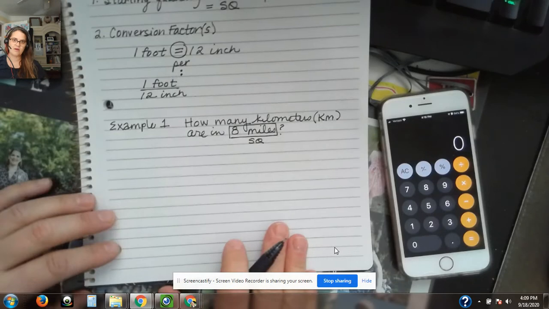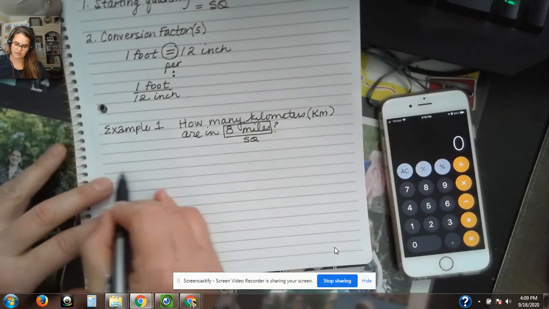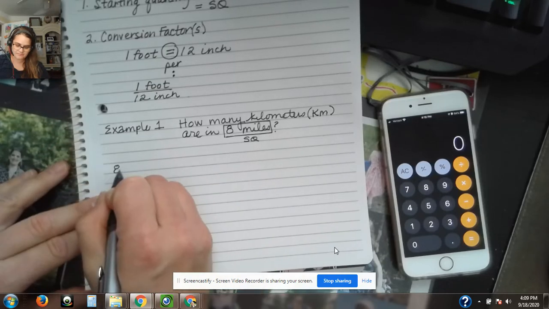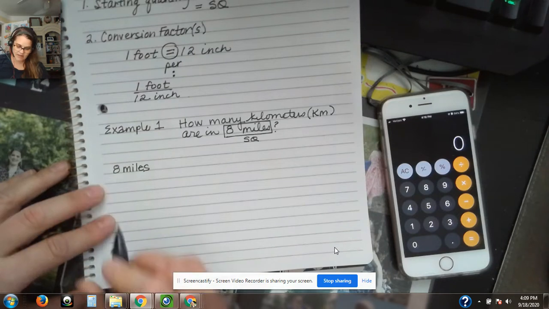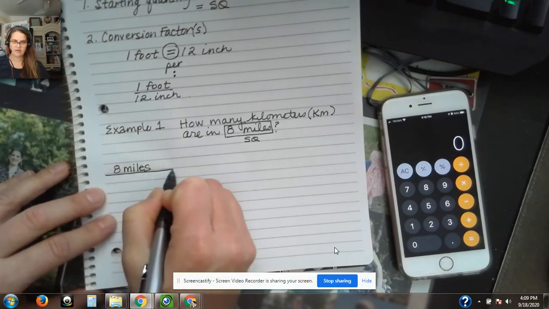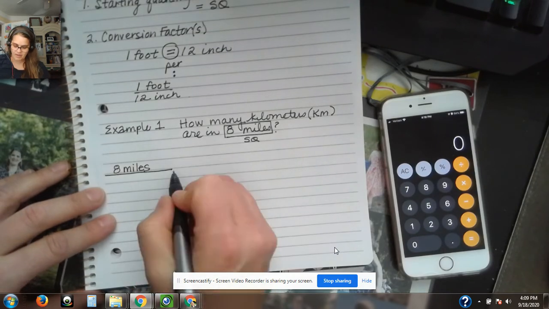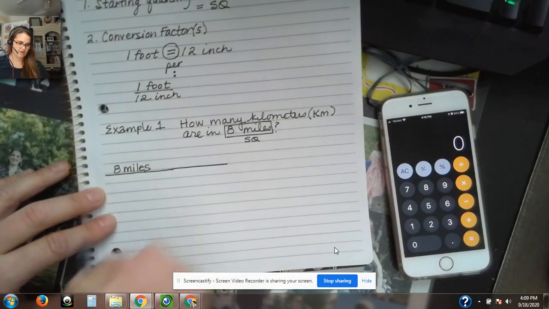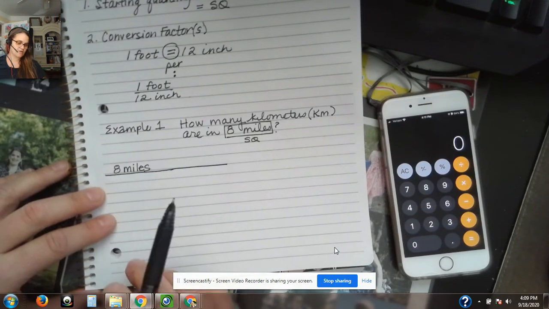Now, the way that we like to set this up in dimensional analysis or railroading is we're going to put the 8 miles on the far left side, and we're going to put this in the numerator of a problem. And then we like to just extend the line out here for the next part. Now, the second thing we need is a conversion factor.